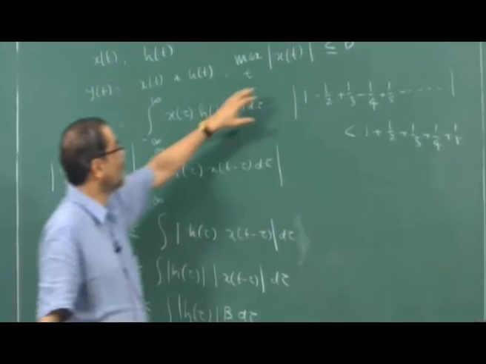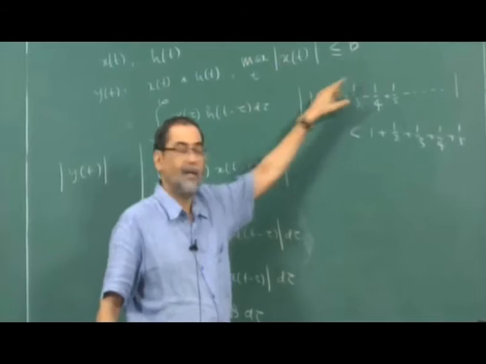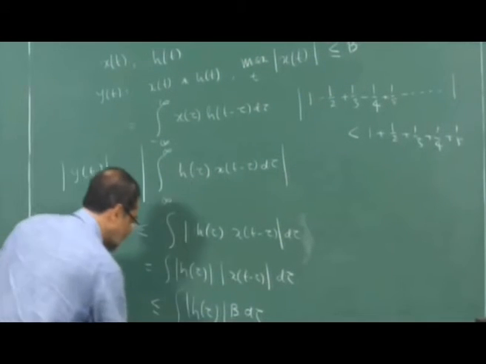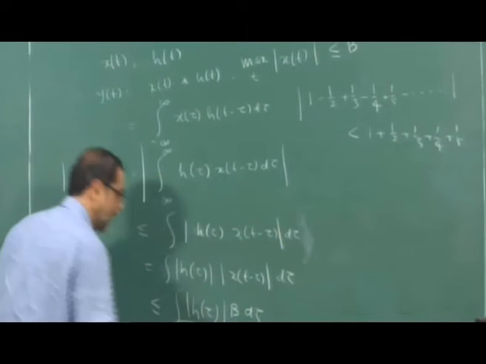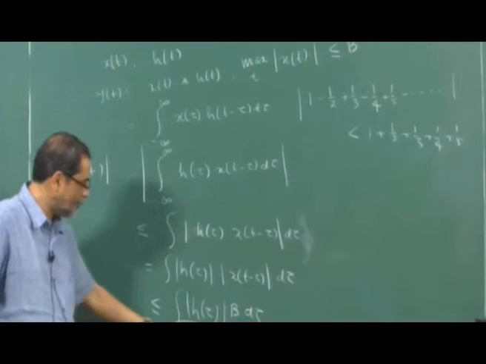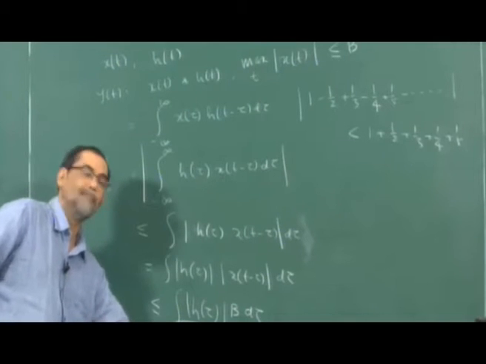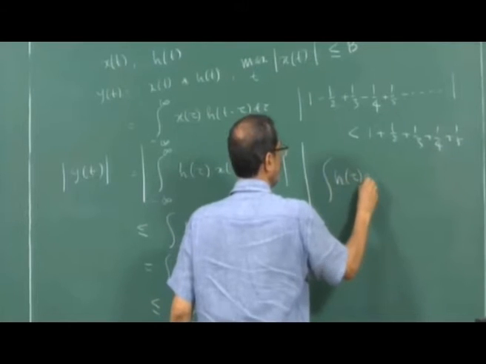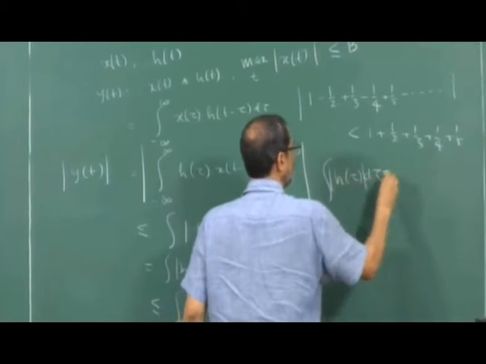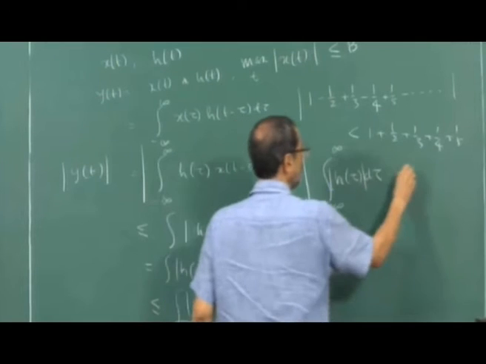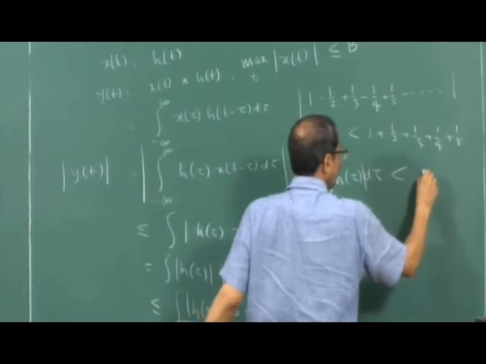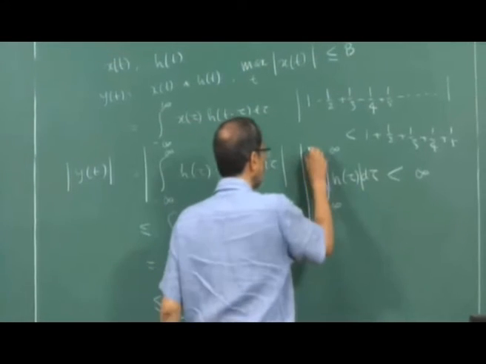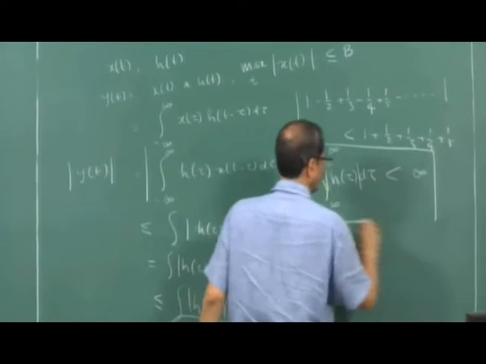I have assumed that my input is bounded. For my output to be bounded, this integral should be bounded. b is bounded, so this will be bounded only if this is bounded. So the condition is that the integral of the absolute value of h of tau d tau, between minus and plus infinity, should be less than some m, less than infinity, that's all. This is the condition for stability.